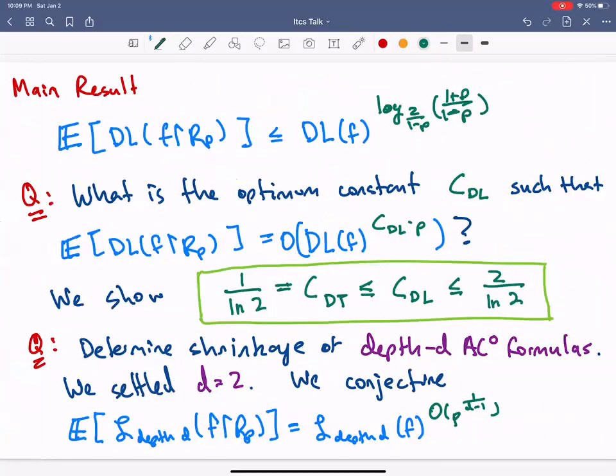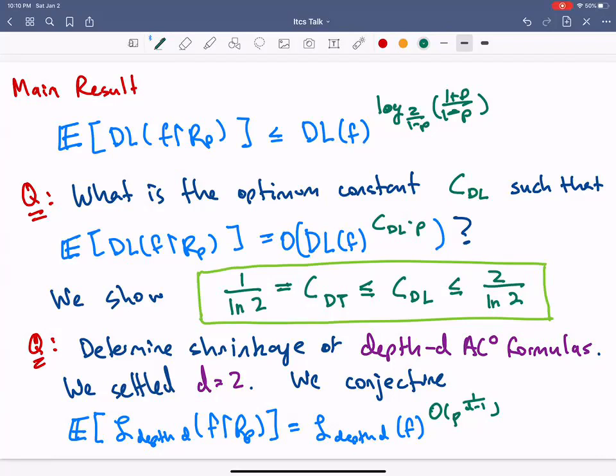Good. So to wrap up, I've just stated our shrinkage bound for decision lists again. One open question you can ask is: what is the best constant, C sub decision list, for which the expected decision list size of F under R_P is order of the decision list size of F raised to the power C_dl times P. In the paper, our main result gives the upper bound that this constant is at most 2 over natural log of 2.